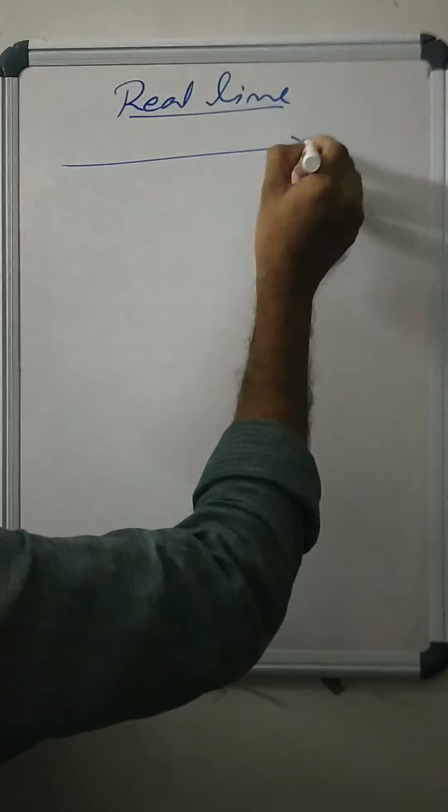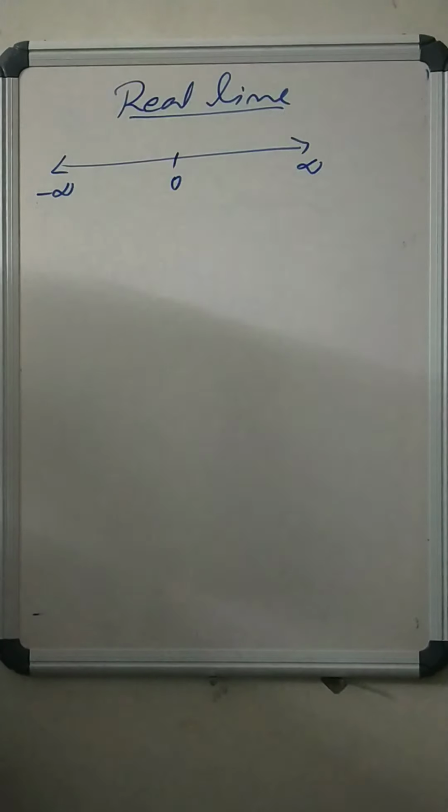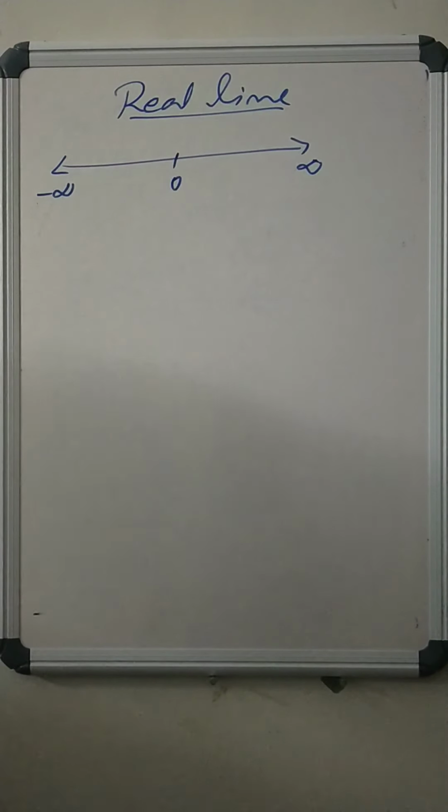A familiar and convenient geometrical interpretation of the real number system is the real line. This is the real line, from minus infinity to plus infinity, with 0 marked.